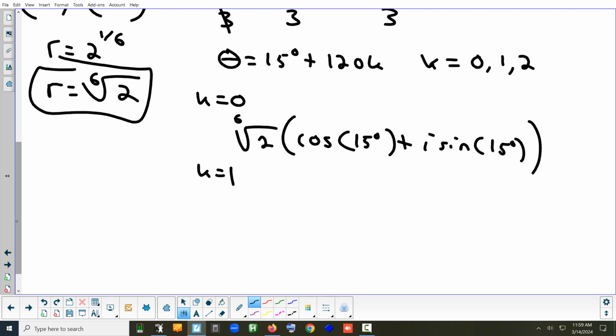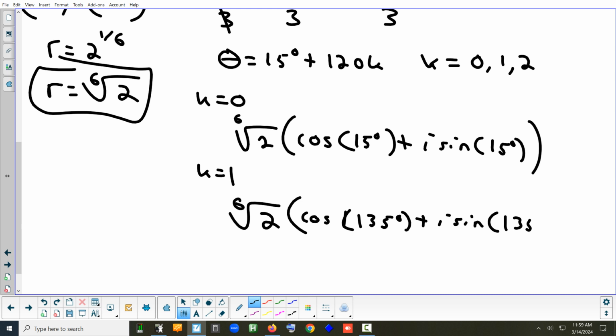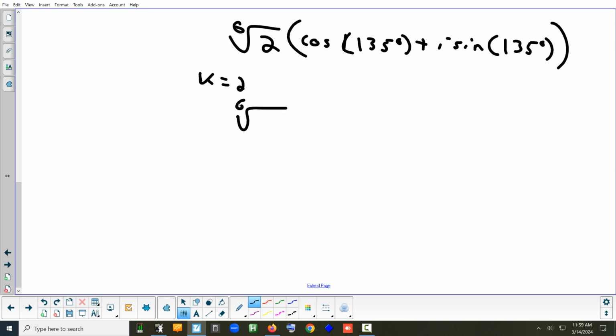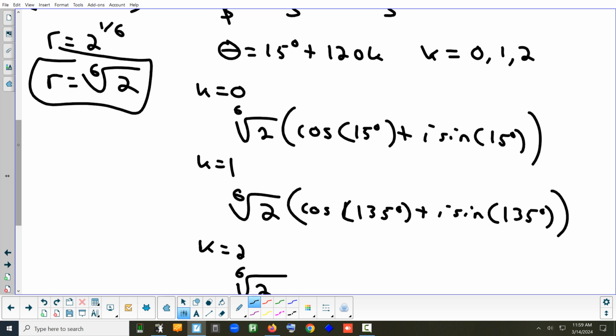Same as before. And now plug in 1. What's 120 plus 15? 135. All right, now plug in k equals 2. What's my radius? Same as before, and the angle is going to be 240 plus 15, which is 255.